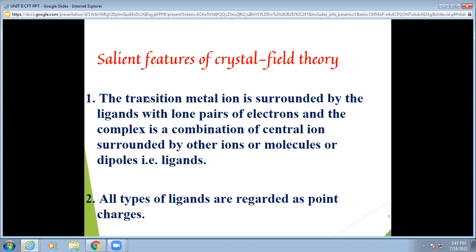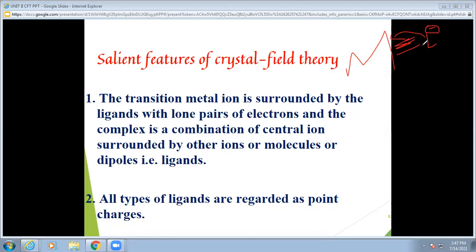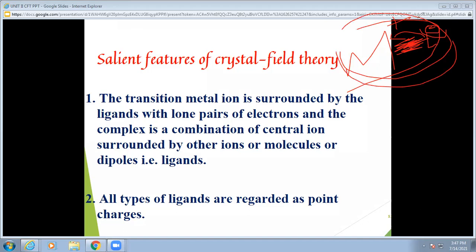The ligands are ready to give their lone pair of electrons, which is shared in the bond. The bond is between the metal and the ligand. The metal is a cation and the ligand is an anion. Now, bond formation between metal and ligand is called a complex compound.